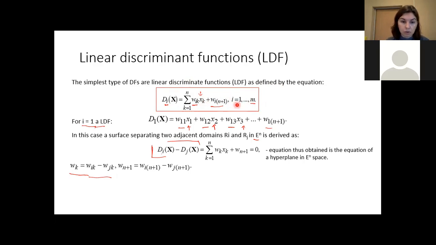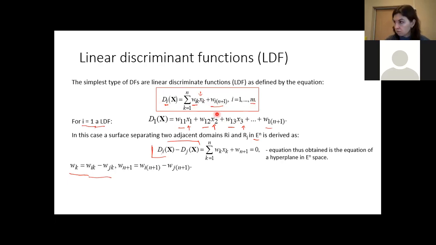The number of coefficients is equal to n plus 1. So if you have a one-dimensional feature space, you will have two coefficients. If you have a 10-dimensional feature space, you will have 11 coefficients. And this discriminant function should be created for each class. So the number of discriminant functions is equal to the class number.